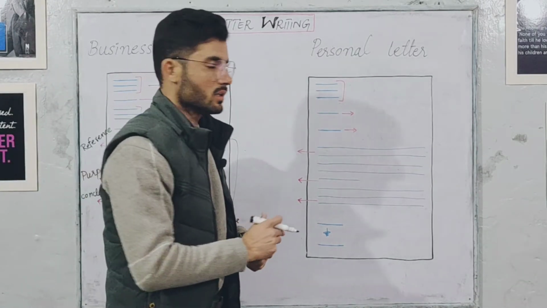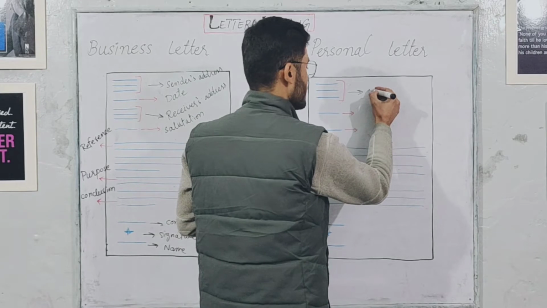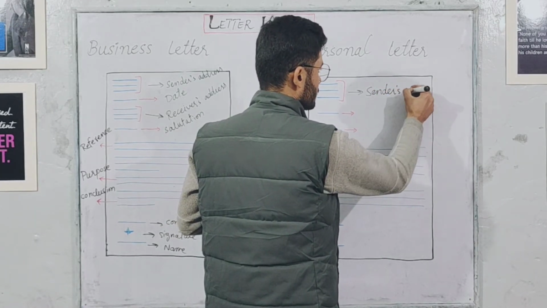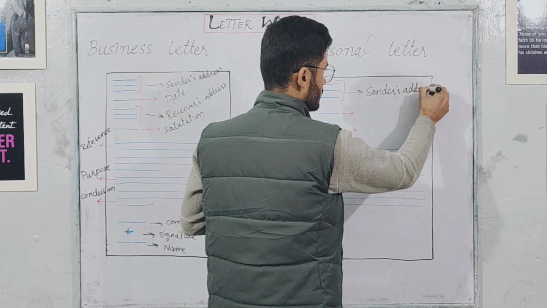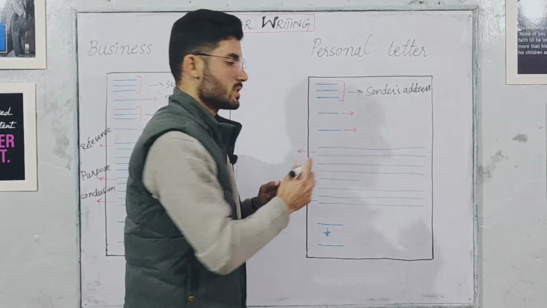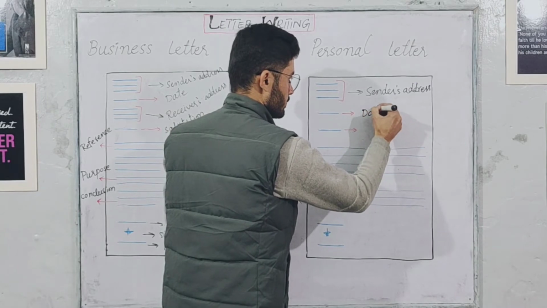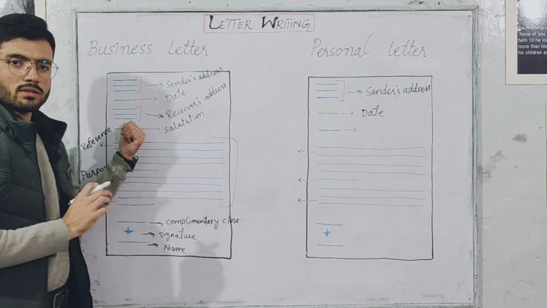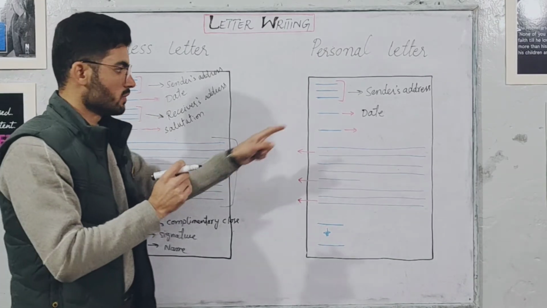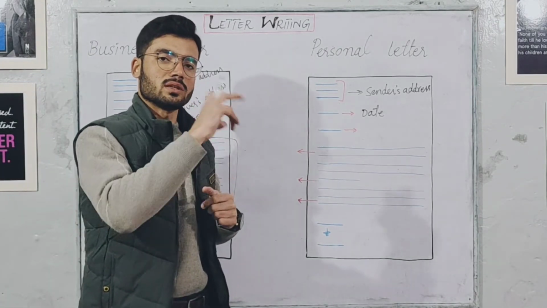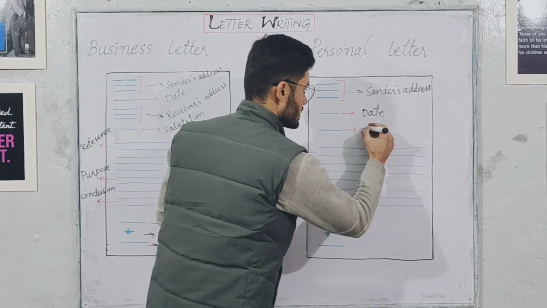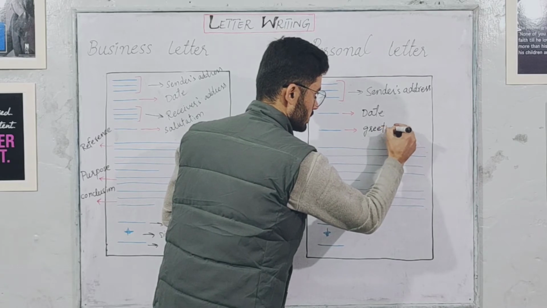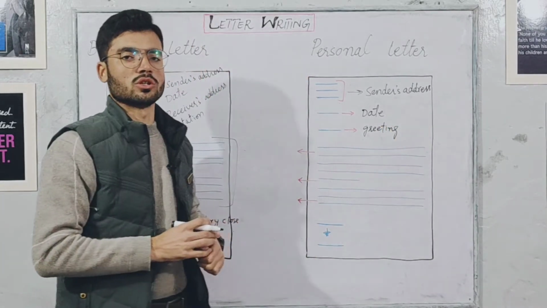Now in the personal letter, first of all, we have the same, the sender's address. After the sender's address, we have the date. There is a slight difference. Here we had the receiver's address, but we don't mention the receiver's address in the personal letter. Here we directly go for the greetings, greetings or salutation.